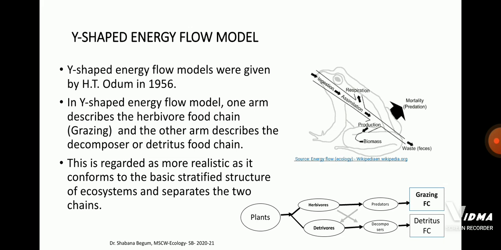There is always respiration, during which there is loss of energy. This is regarded as more realistic as it conforms to the basic stratified structure of ecosystems and separates the two chains, the grazing food chain and the detritus food chain.